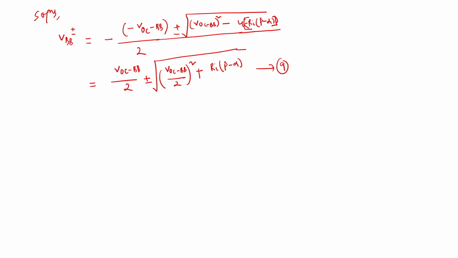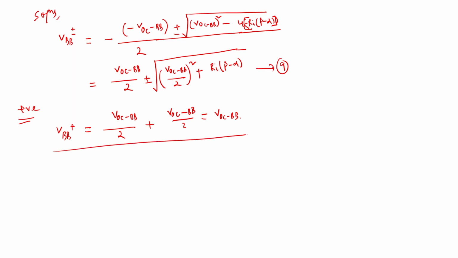So, the positive solution, because in the negative solution what will happen, this will be 0. So, positive solution will be VBB equal to VOC BB divided by 2 plus VOC BB divided by 2, which is nothing but VOC BB, right. Okay.